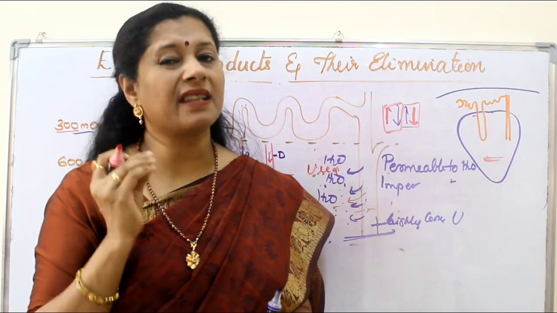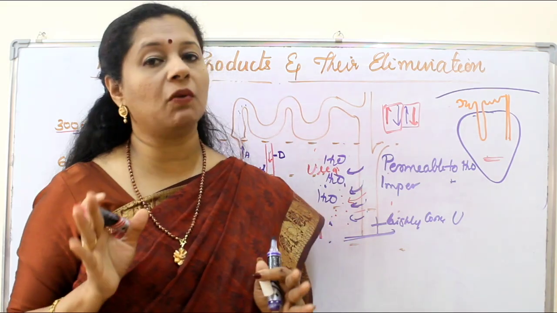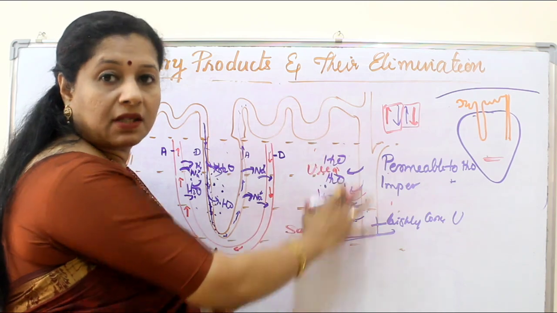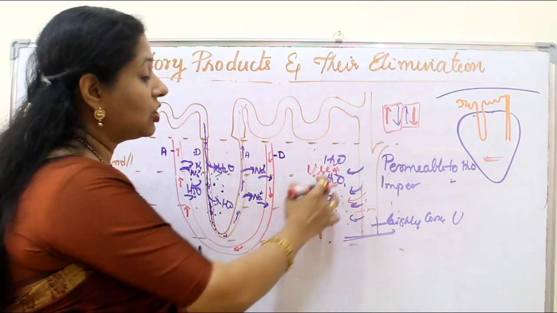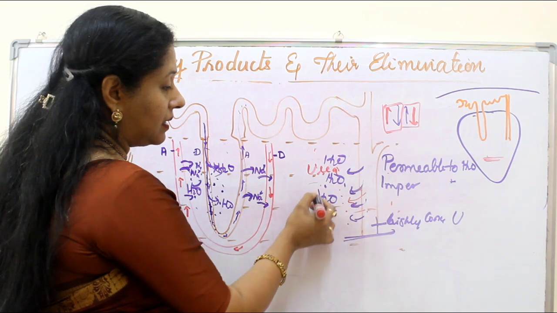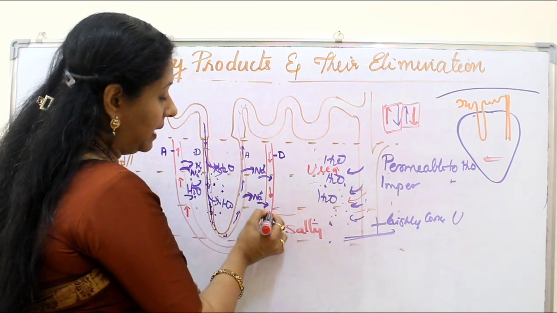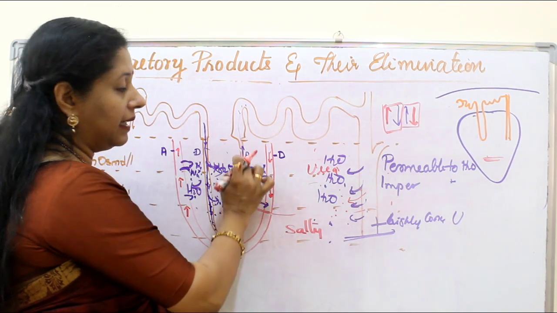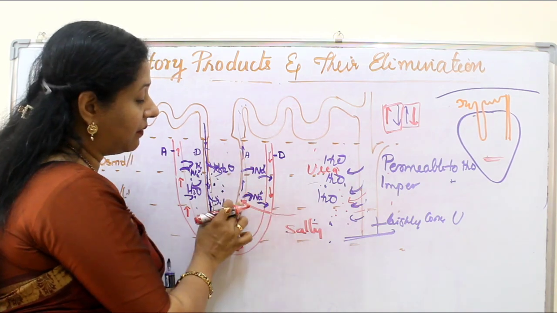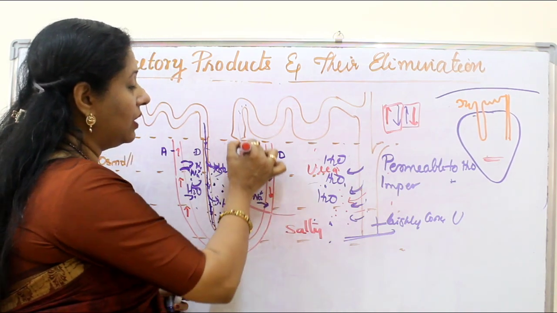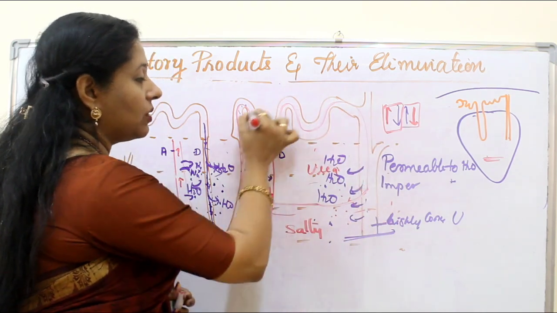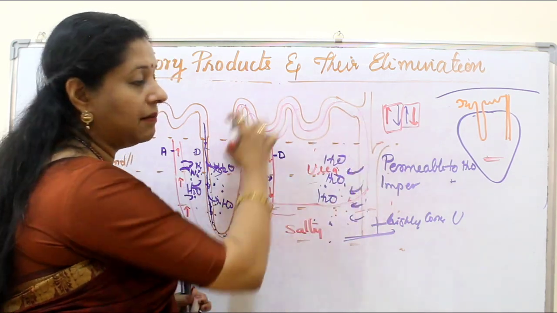Here only some amount of urea comes out, just to maintain the osmolarity of the interstitium, because when more water comes out it becomes dilute, right? That should not happen. So urea also will be coming out, but this excess urea will be taken back by the ascending limb of the loop of Henle. The urea will go to the DCT, then come to the collecting duct, and again come out here. So some amount of urea is continuously being circulated.